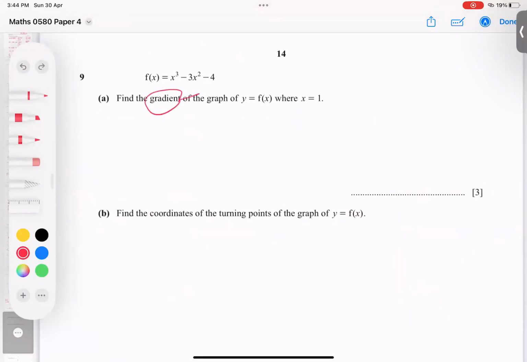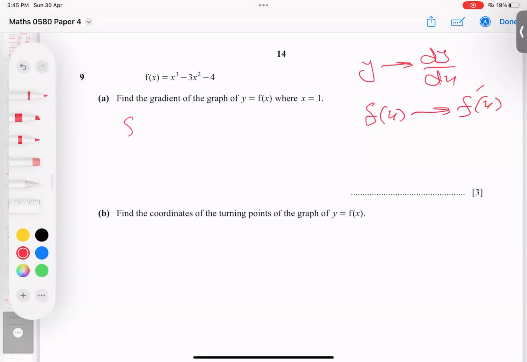We're saying gradient, and whenever a curve is given, we always differentiate. If we have y, I differentiate, I get dy over dx. If I have f of x, I differentiate, I get f dash of x. I hope that's clear. First of all, f dash: 3 comes down and power 1 less.